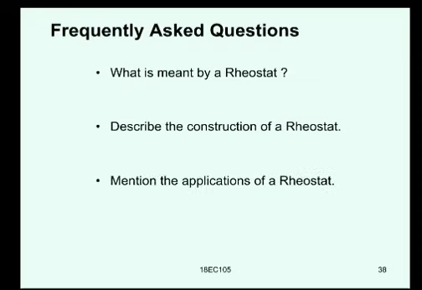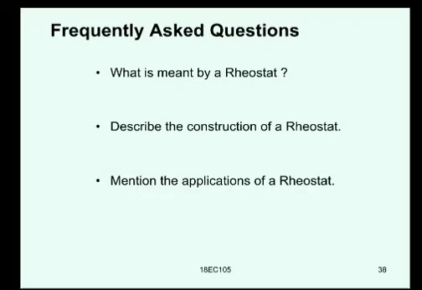Then mention the applications of rheostats. So we have discussed now. They are used for high currents, speed control of DC motors, ovens, and some more home appliances like light dimming circuits, then the arc welding industry, etc.